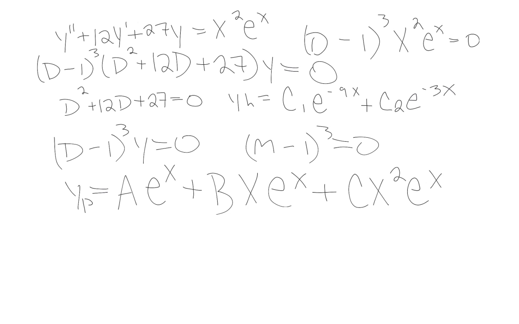If I said y of 0 equals blah blah blah and y prime of 0 equals something else, then we'd refer to that solution as a particular solution. When we're dealing with non-homogeneous differential equations, when we say particular solution, we're talking about a solution that is independent of the homogeneous part of the differential equation.